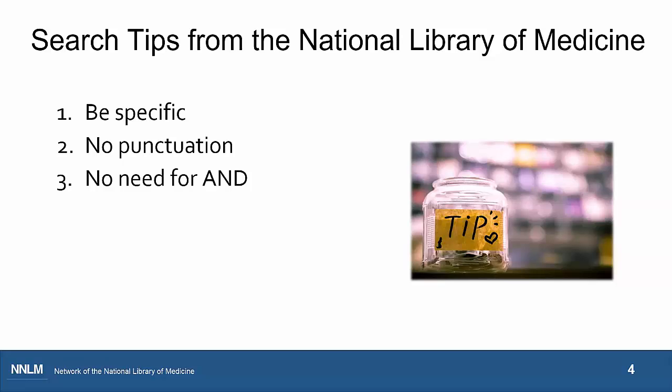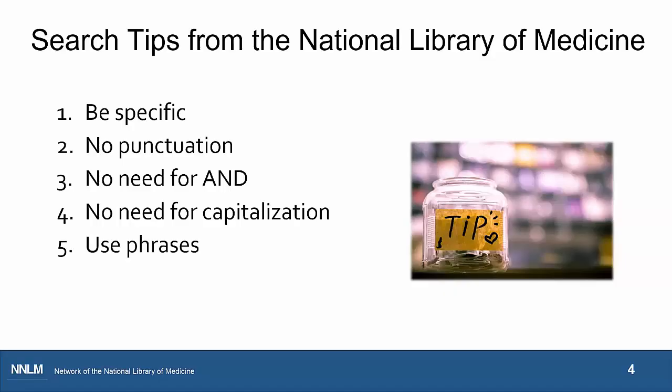You do not need to use the AND Boolean operator to combine concepts because PubMed will do this automatically. You don't need to capitalize, and PubMed can recognize and find phrases for you. And today we'll show you how to determine if your phrase is indexed in PubMed.